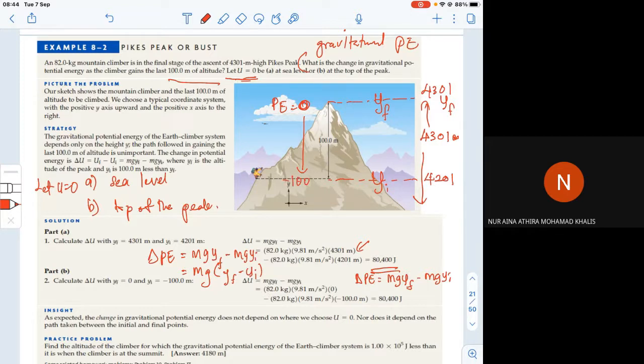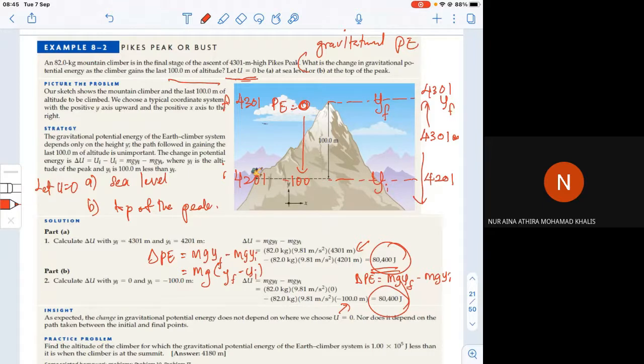Before this, at part A, we calculated it based on 4301 and 4201, so they are different. This is final, this is initial. That's why when we take that value, don't forget to put negative at 100. We will get the same value, 80,400 joule, based on our reference point.